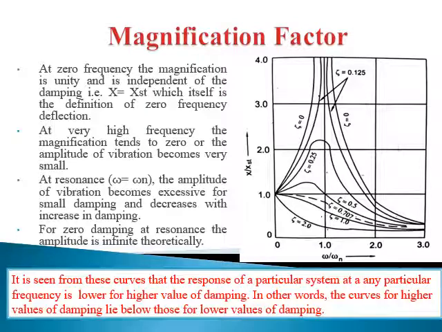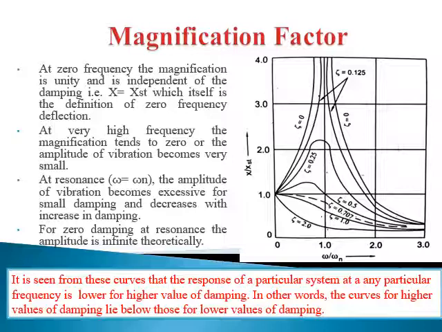We start at 0 frequency, at this point 0, where the magnification factor X by X static is 1, independent of damping, which is the definition of 0 frequency deflection. X will be equal to X static.